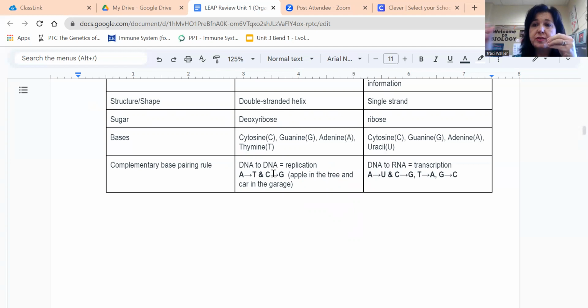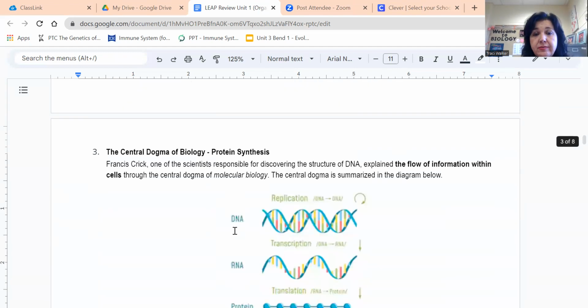So A goes with T, and then T goes with A every time. And so you can remember apple in the tree. And then there's two other nitrogenous bases. There's cytosine and guanine, and they go together. Cytosine on one side gives you a guanine on the other, and vice versa. So remember car in the garage. So that is for DNA replication, when DNA is making a copy of itself.